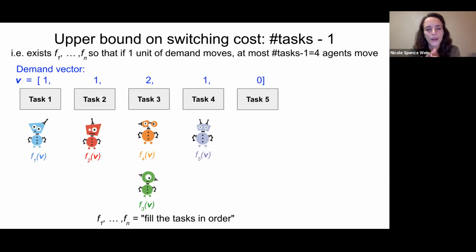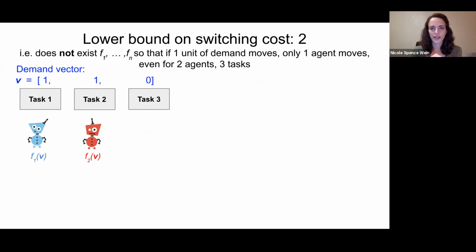Okay, so what I want to show you next, to continue giving you a sense of this problem, is a simple lower bound that was also observed by the initial paper that studied this problem. This is a lower bound saying that you cannot achieve switching cost 1.